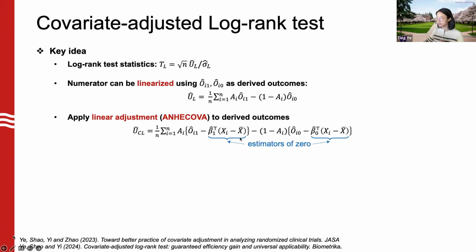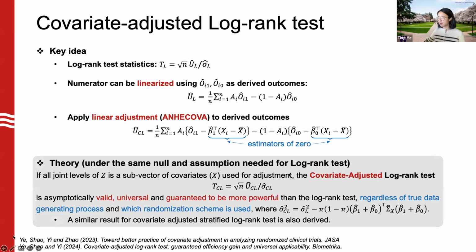And these adjustment terms are always estimators of zero, meaning that it doesn't change the interpretation of the numerator. So that's the numerator. Then we correspondingly derive the denominator, which is the variance estimator of the numerator, and which is guaranteed to be smaller than the original log rank test denominator.